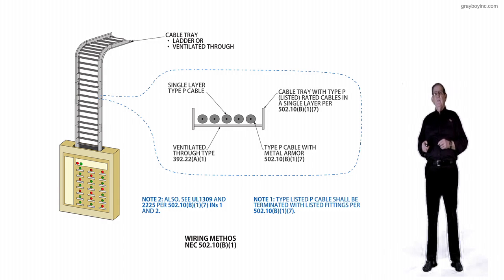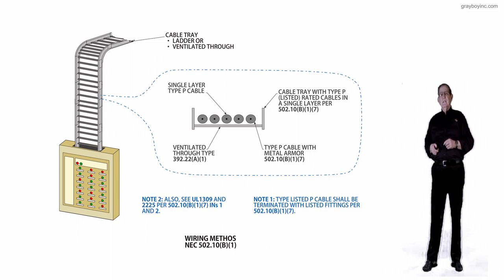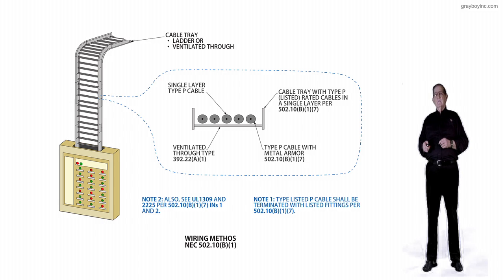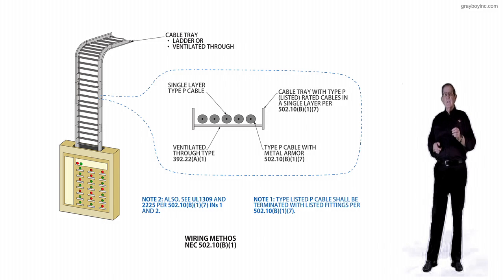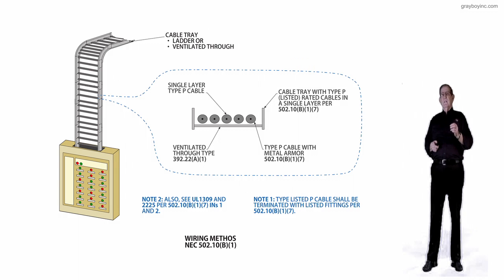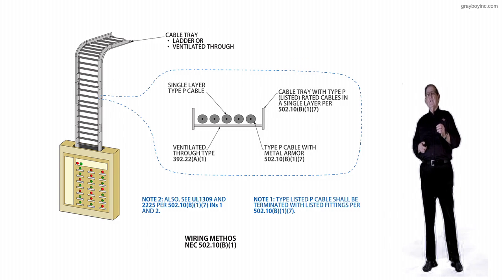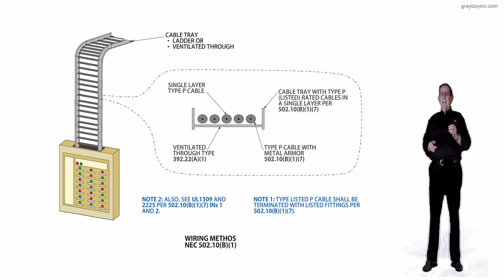Note 2, down below, right above your main caption, says cable shall not be exposed to physical damage, just like in Class 1 Division 1. But we're in 502.10(B)(1), item number 6.